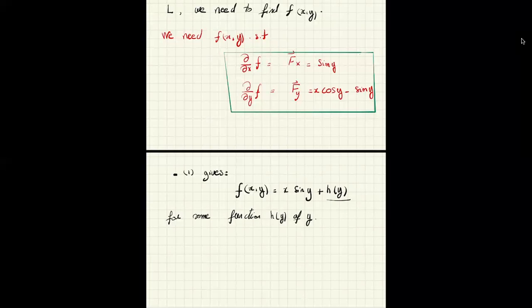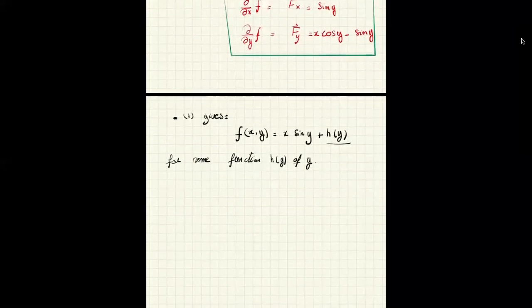The most general constant. If you have a function of two variables and we take the partial derivative, now we fix y and take the partial derivative with respect to x, which means it's basically a function of one variable. So you integrate, the antiderivative. What's the function that gives you this?